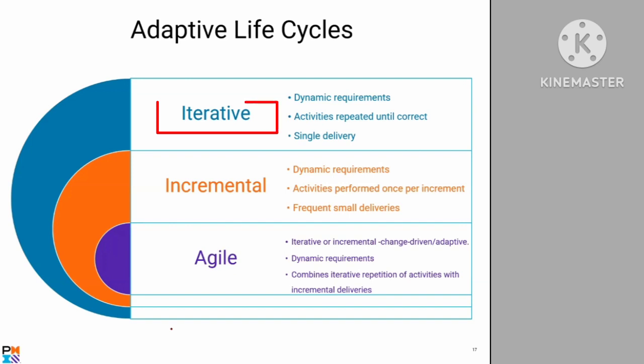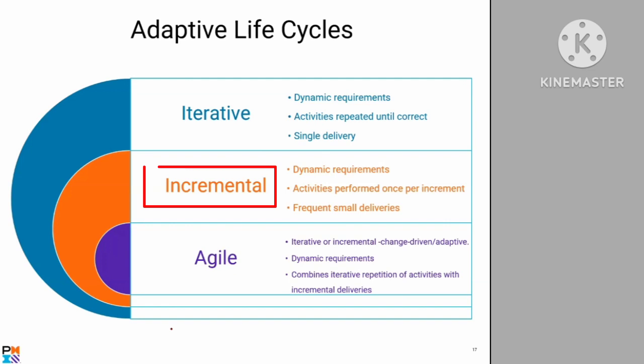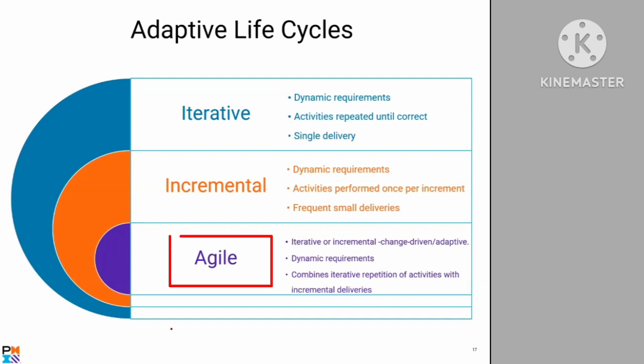Now we are going to focus on the incremental life cycle. From the incremental point of view, we produce some parts and keep adding new features, feature by feature. And the last life cycle is agile. Agile is the mixture of iterative life cycle and incremental life cycle.